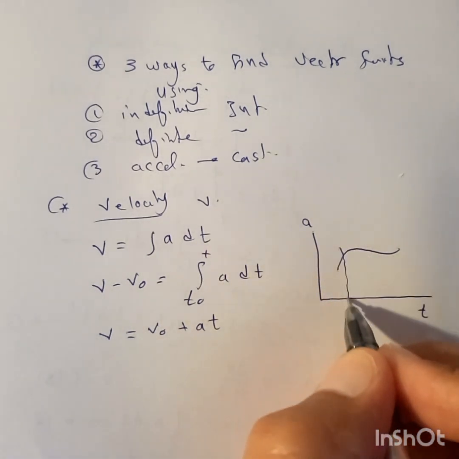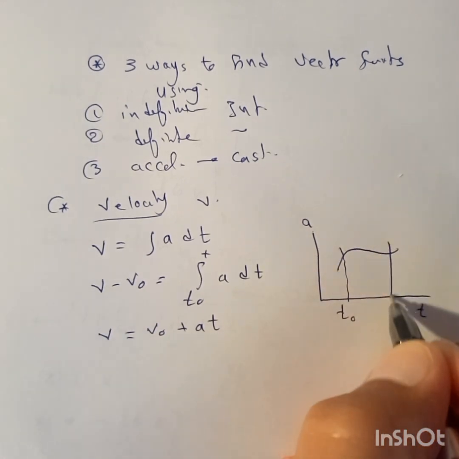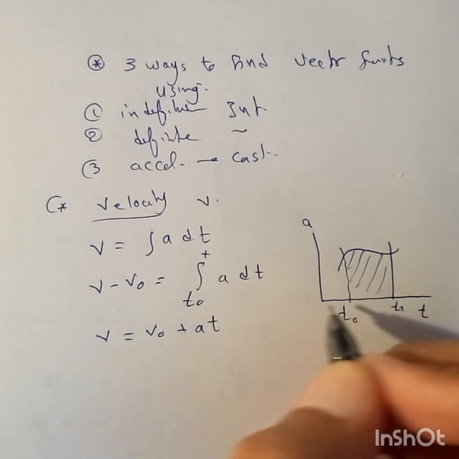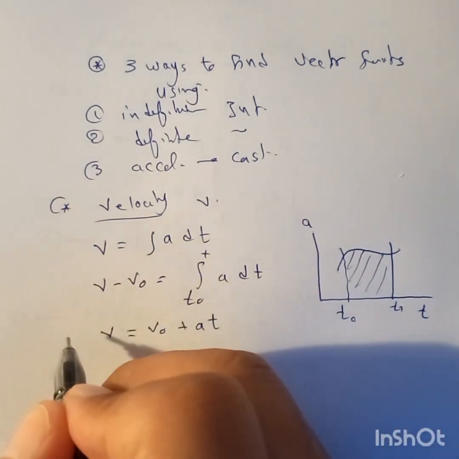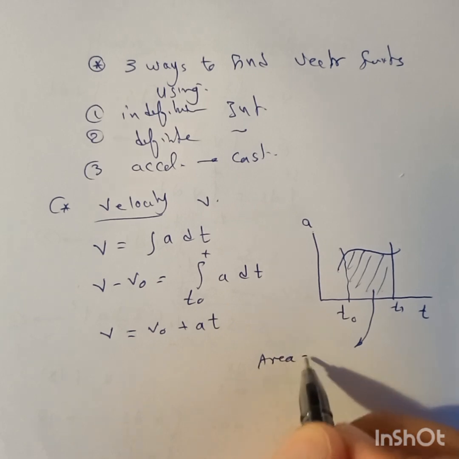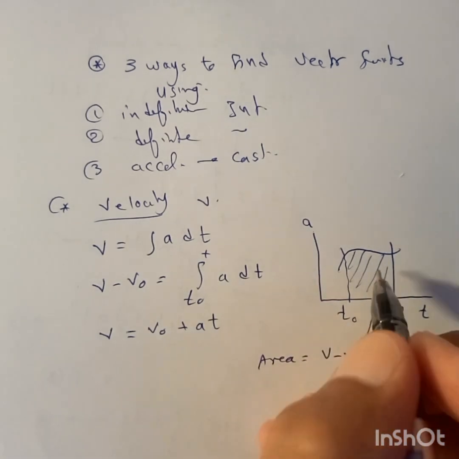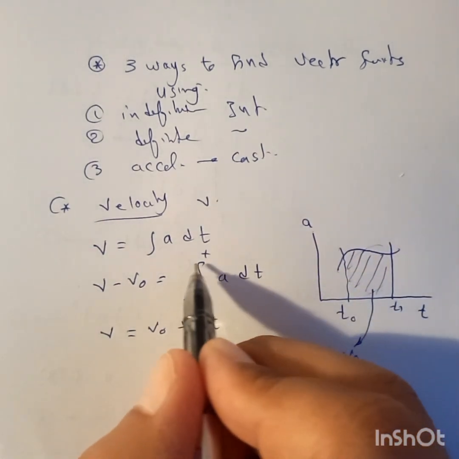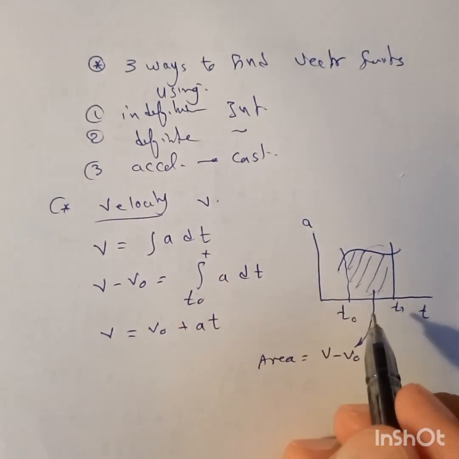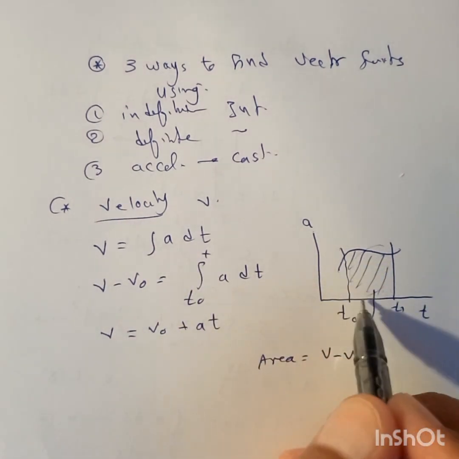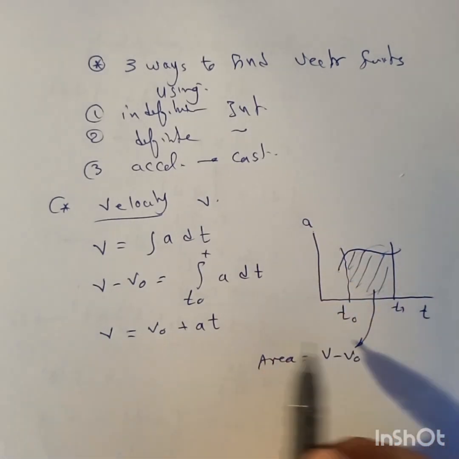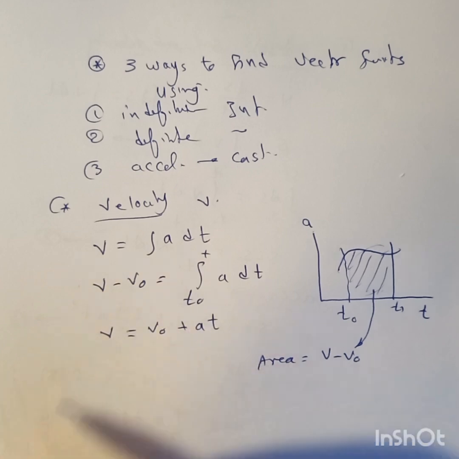Between t naught and t1, for example, the area under this curve equals v minus v naught, as the area can be expressed as the integral from t naught to t of a dt. Then the area under this curve equals v minus v naught.